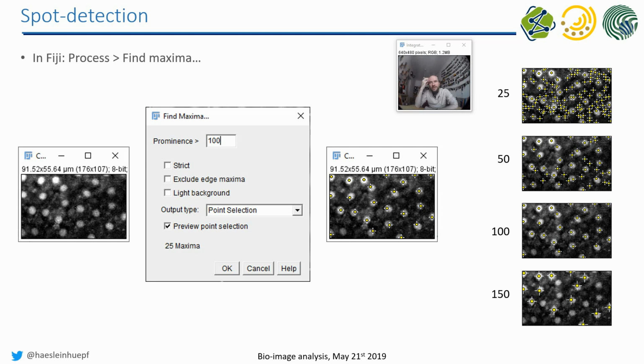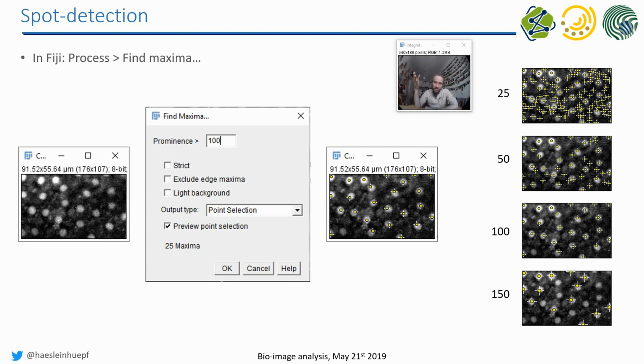Then you may have a better idea of what value to enter in this particular field. In the end, what counts is having a value which processes all of your images, the whole study, ideally also independent from conditions.